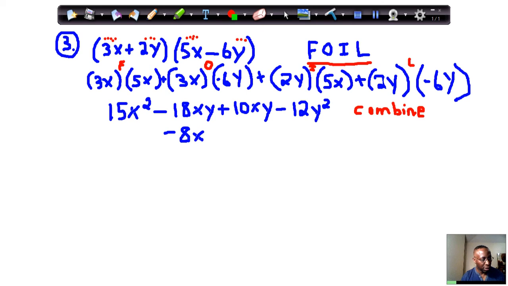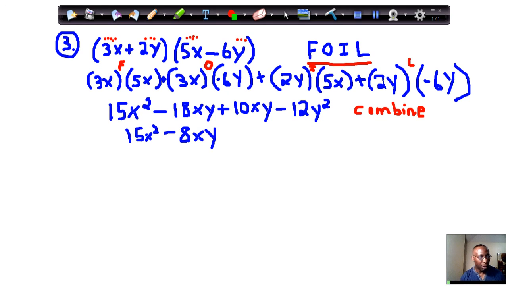And what we did is negative 18xy and a positive 10xy leave you negative 8xy, 10 from 18, right? Let's bring this 15x squared on down, because there's nothing to combine. There are no terms like this one.